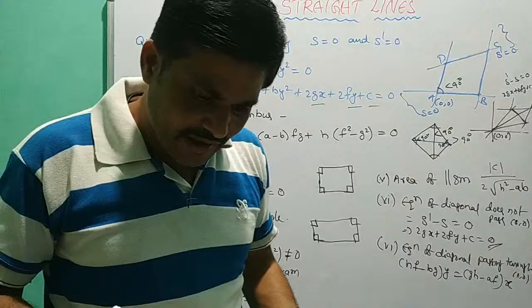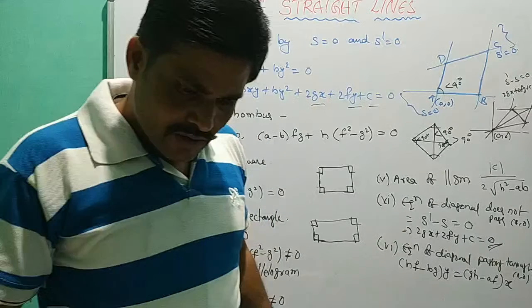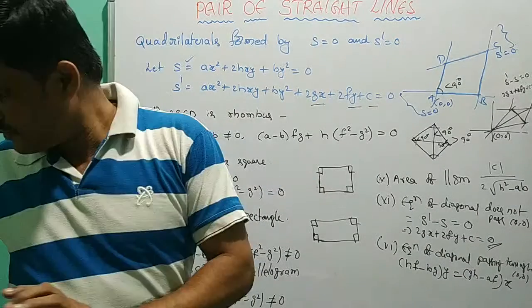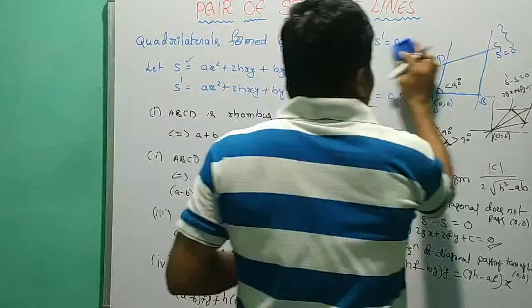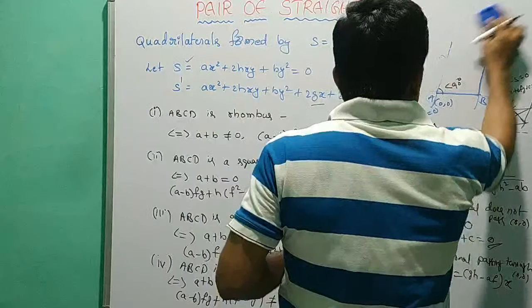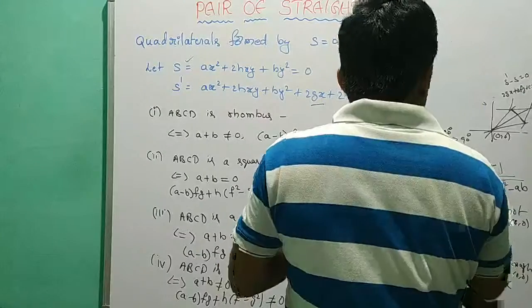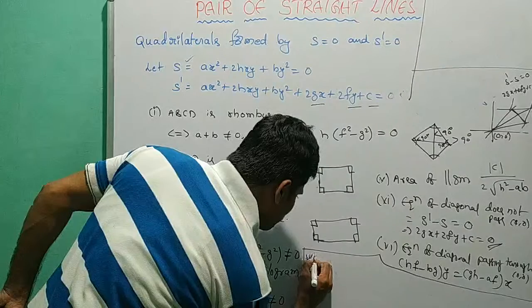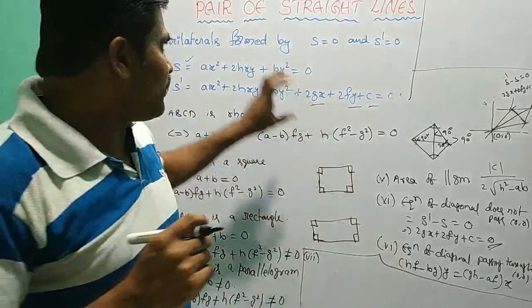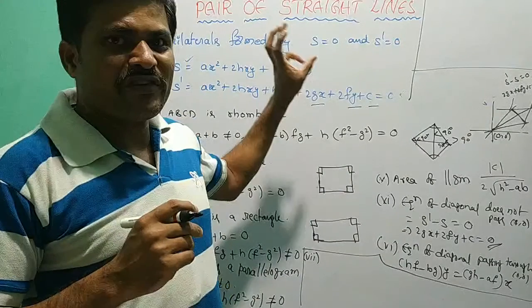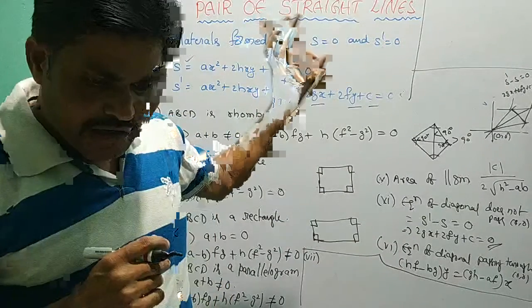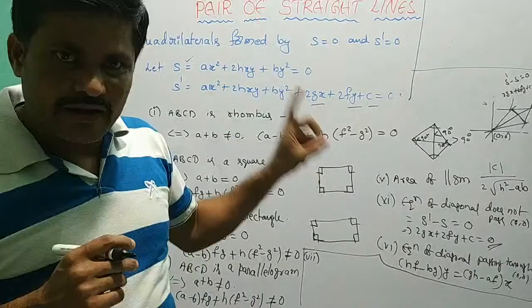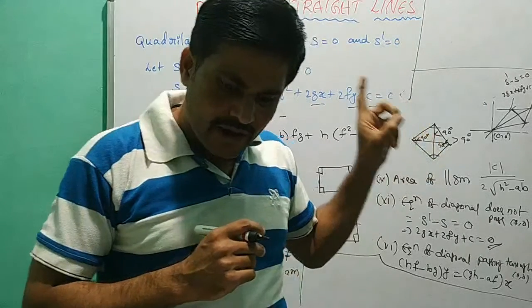So here, two pairs of straight lines. Now, those two pairs form a parallelogram.